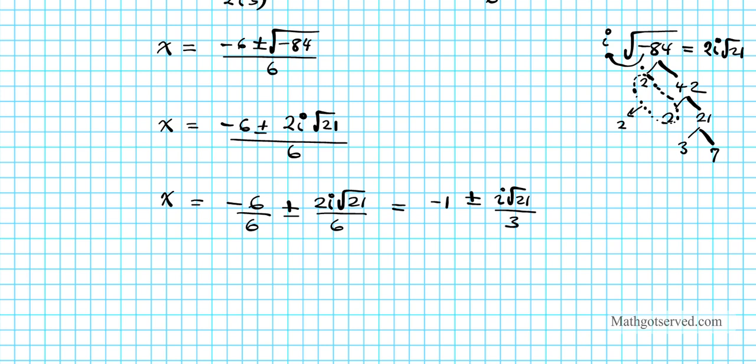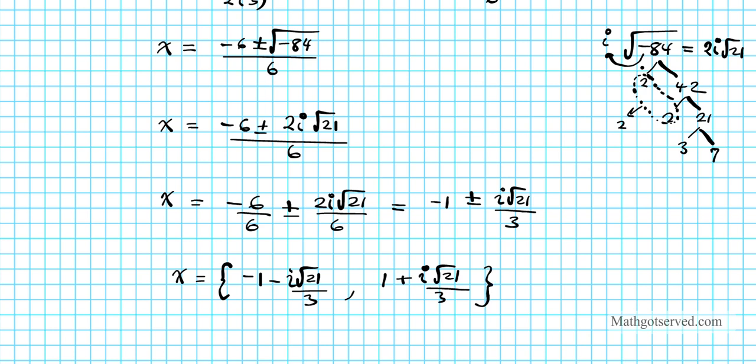If I divide this by 2 top and bottom, I get this. So let's split our answers out. Our answers are going to be negative 1 minus i root 21 over 3 and negative 1 plus i root 21 over 3. Alright, so there go your answers.